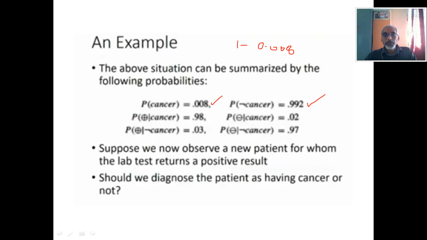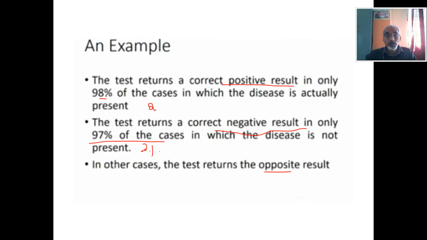Next, the probability of this symbol. This indicates positive results, right? Plus and a small circle. So, the probability of positive, given that he is having cancer. That is the correct positive result when the patient is suffering from cancer. How much? Already it is there in our problem. Look here.